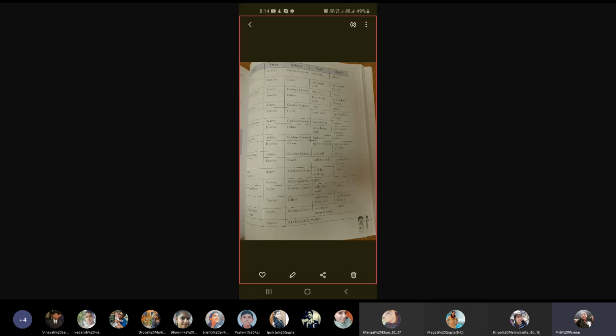Now in passive it will be cakes were being sold by Cookies Corner. Then in past perfect, Cookies Corner had sold cakes. Then in passive it will be cakes had been sold by Cookies Corner.